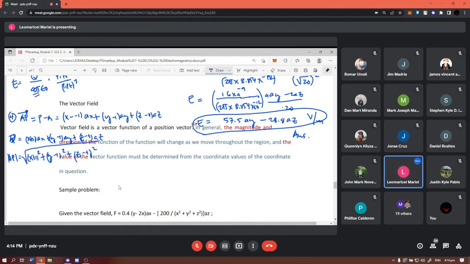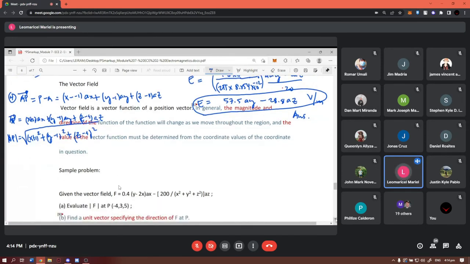O, tapos, lagyan na natin yung ating problem. Sinabi kasi dito na sa X component lang. So, your formula for the E, okay, so the electrical intensity along X lang, no, is equals to 500 volts per meter.